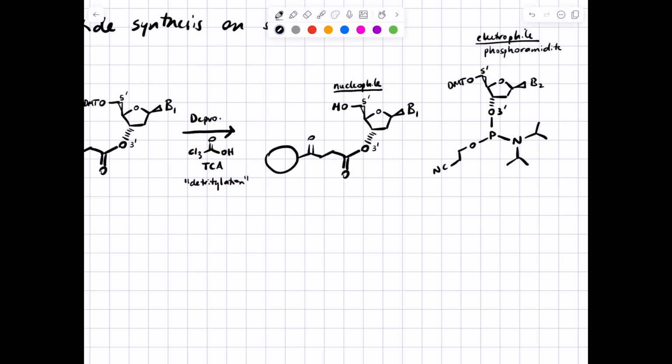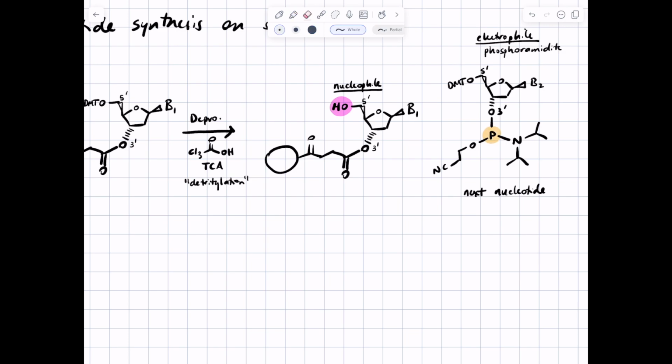Our phosphoramidite electrophile is the next nucleotide that we want to attach. And we want to make a bond between the nucleophilic 5' hydroxyl group of the resin-bound or solid support-bound nucleophile and the phosphorus.